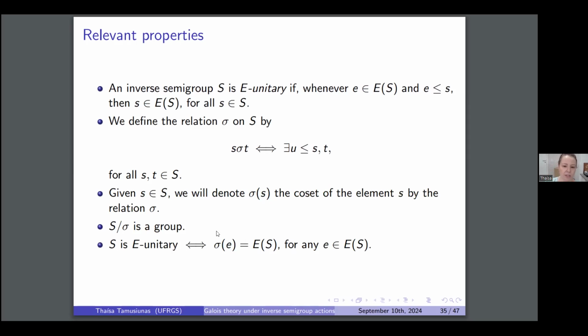And we use these properties concerning relations and E-unitary inverse semigroups to construct a partial action of this group. So given an inverse semigroup, we can construct a group. This is the group. And when S is in particular E-unitary, we have that the class of any idempotent is the set of all idempotents.